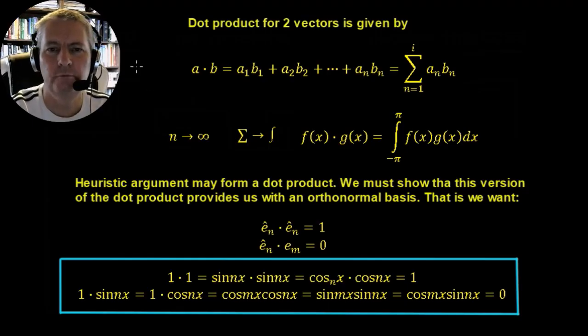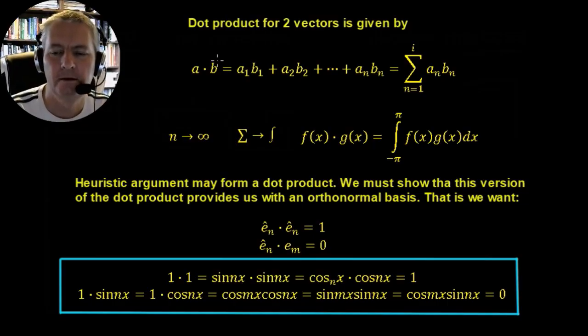So we're looking to form the dot product between two functions. Now what follows is a heuristic argument as to how we're going to do that. So we know that the dot product can be written as a1 b1 plus a2 b2. Now if we sum that up, it's the sum from n equals 1 to N of an bn.